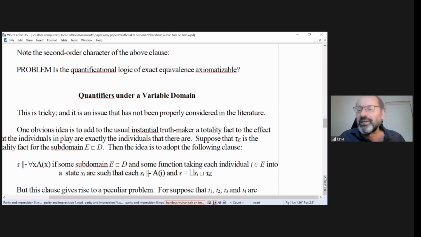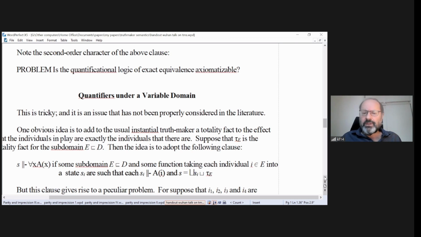Well, actually, what you need to add to the algebra are elements corresponding to these totality facts. So this device can be used to solve the problem they had with extending the algebraic semantics to quantificational language, where we're allowing for a variable domain. They have no problem with the constant domain, because then they treat the quantifier just as a big conjunction.